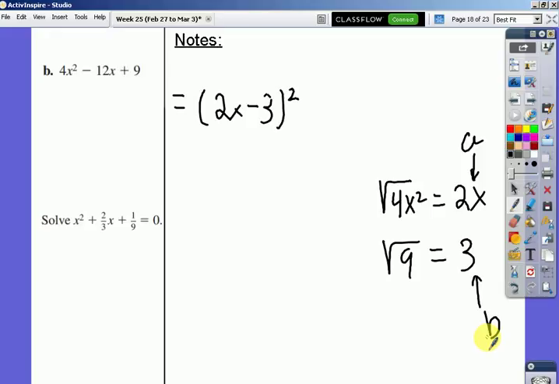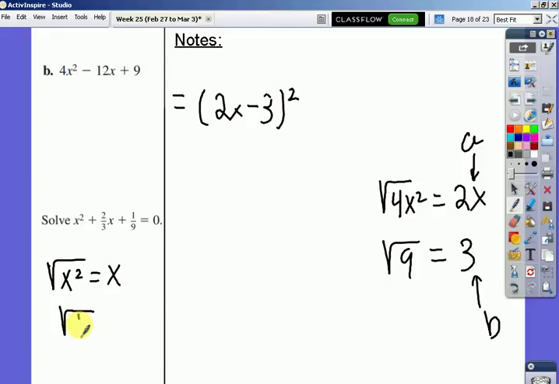Do you have questions? All right, so let's look at the next one. Do I have perfect squares? I do. 1/3 times 1/3 is 1/9, right? So that is a perfect square. 1 is a perfect square. So 9 is a perfect square. I take the square root of x squared, and I get x.